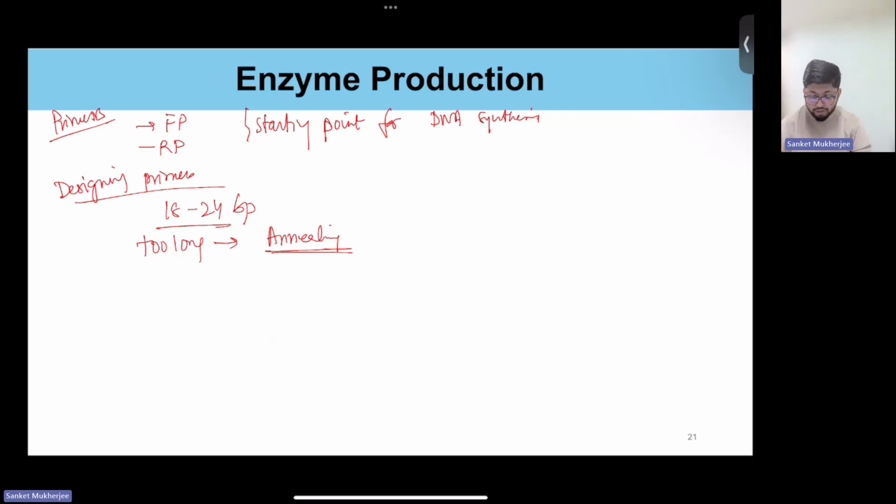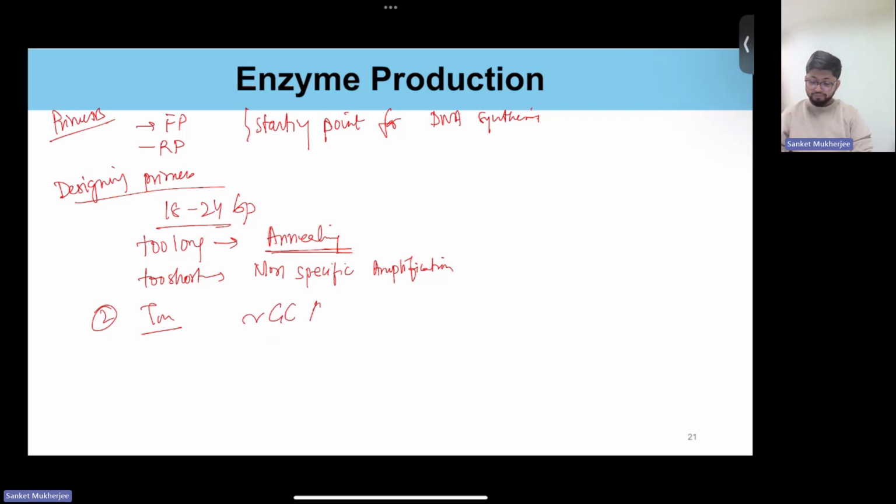If it is too short, then we get non-specific amplification. The melting temperature of a primer is based on its GC content. Usually it's between 52 to 58 degrees, which gives us the best results. It could be higher, it could be lower.